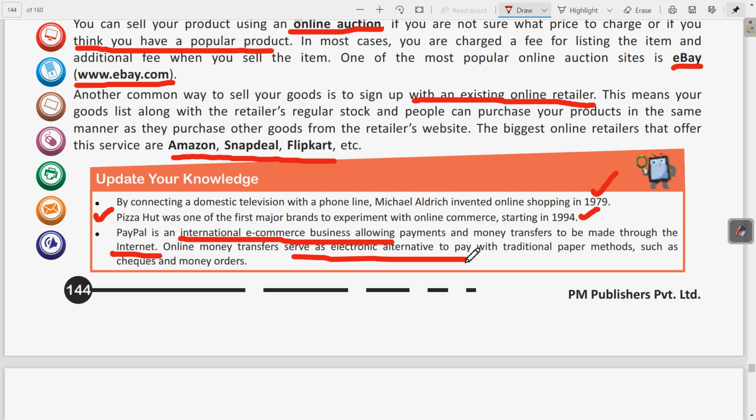We don't need to visit the banks and perform different tedious work. Directly we can use online payment services, using which we can transfer money, do transactions digitally, and purchase and sell things. Clear? So this was all for explaining this chapter.